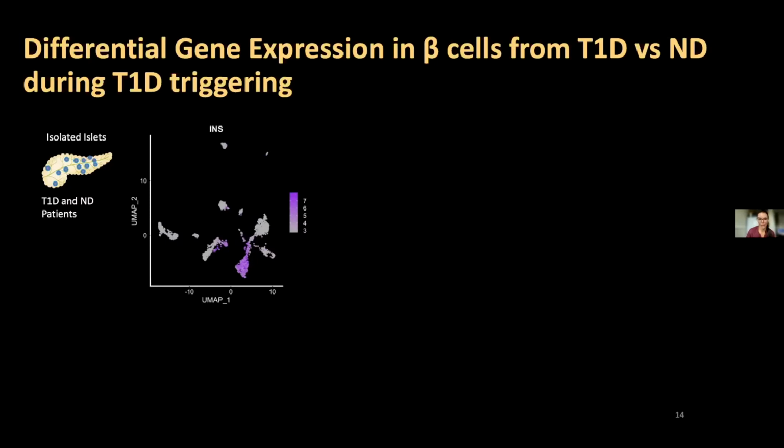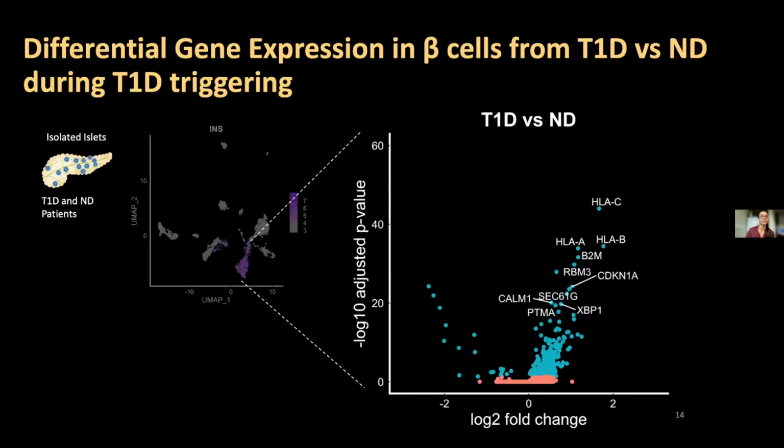Using data published from the Human Pancreas Analysis Program, I was able to analyze what was already out there, comparing the non-diabetic versus the diabetic beta cells from recent onset diabetes.